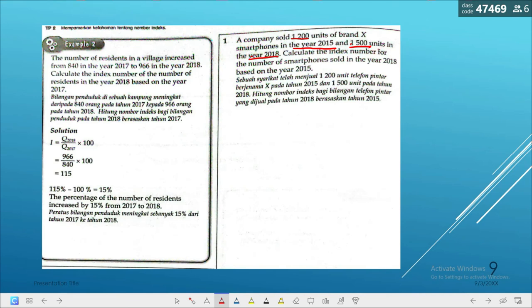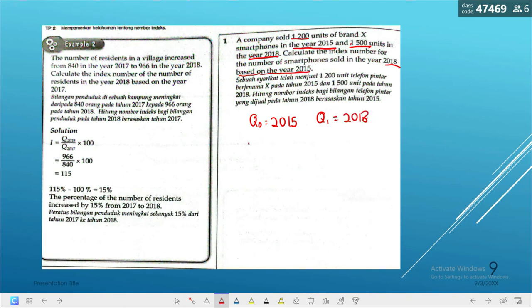Calculate the index number for the number of smartphones sold in the year 2018 based on the year 2015. So which one is Q0, which one is Q1? Based on the year 2015, Q0 is 2015 and Q1 is 2018.